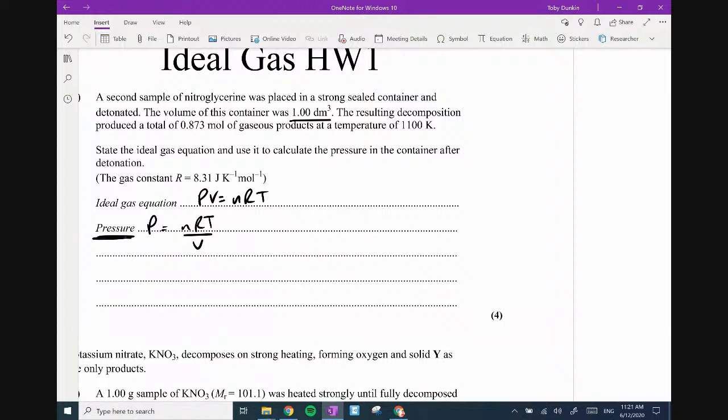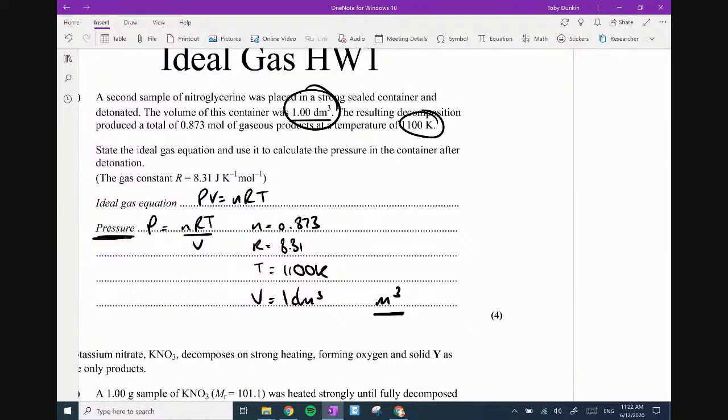Now we need to check our data. n equals 0.873. R, of course, we've been given, equals 8.31. Temperature, which they've been nice enough to give us in Kelvin, so no conversion needed. But the volume is the tricky bit. They've given us 1 dm cubed, but we all know that we must put it in meters.